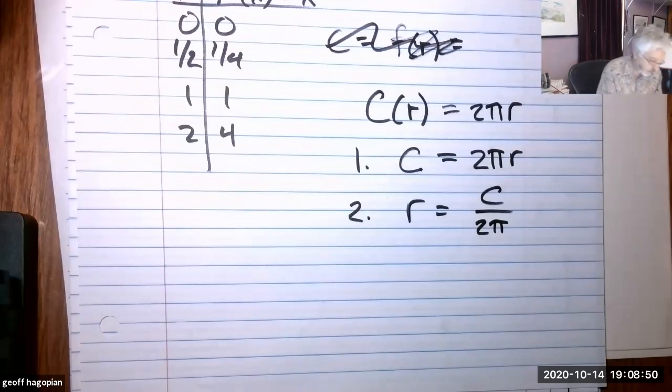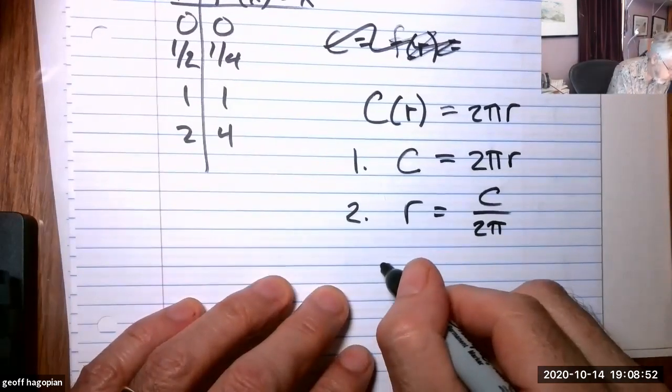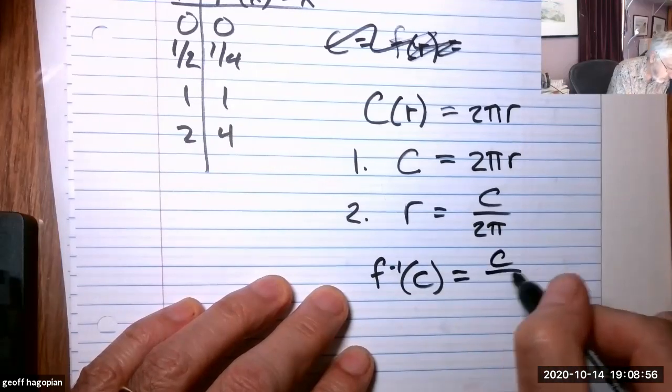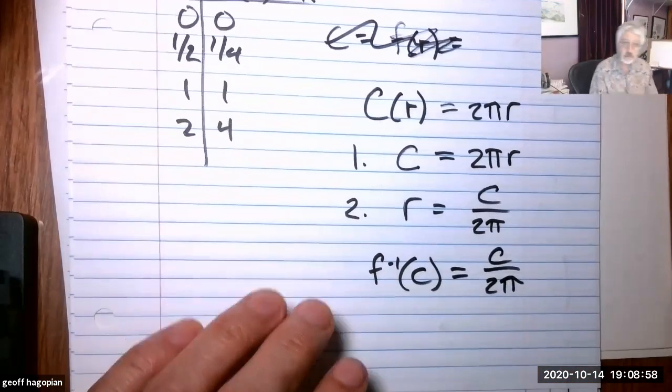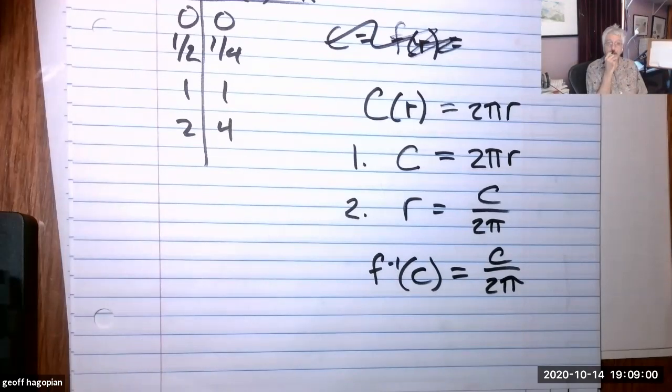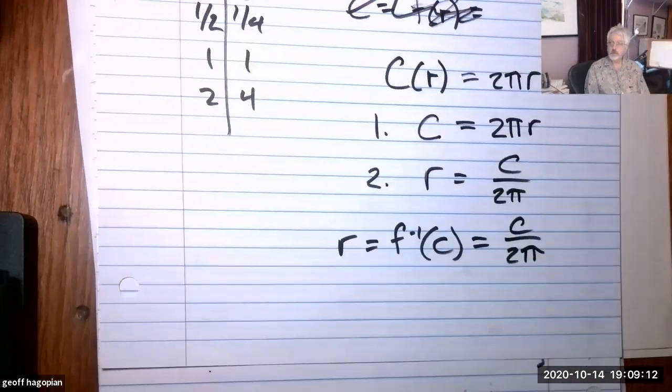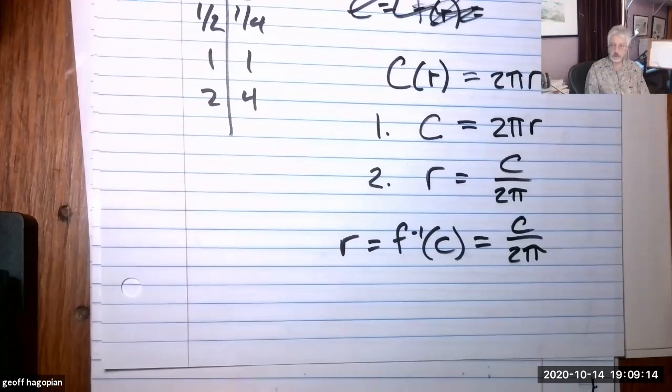So the inverse function, f inverse of c, is equal to c over 2 pi. Right, so that gives us r, the radius of the circle, in terms of the circumference. And what you do is you take the circumference, divide it by 2 pi, and you get the radius.